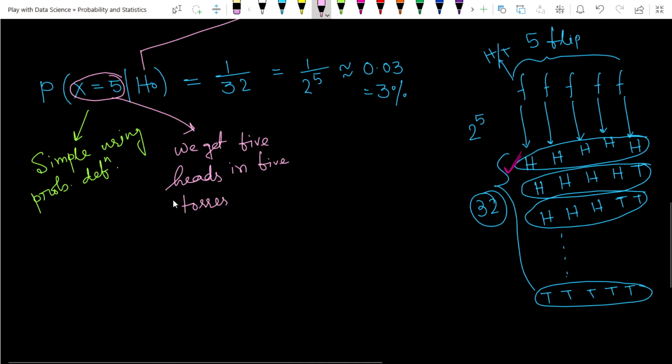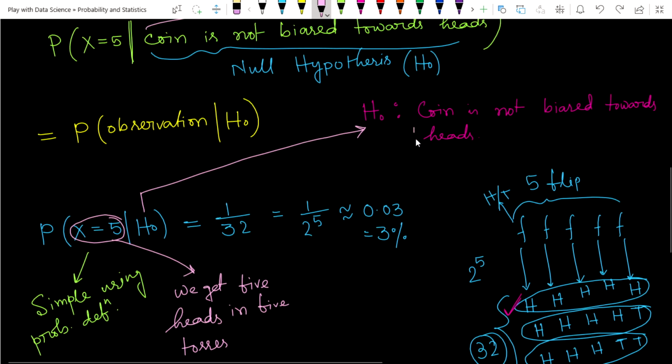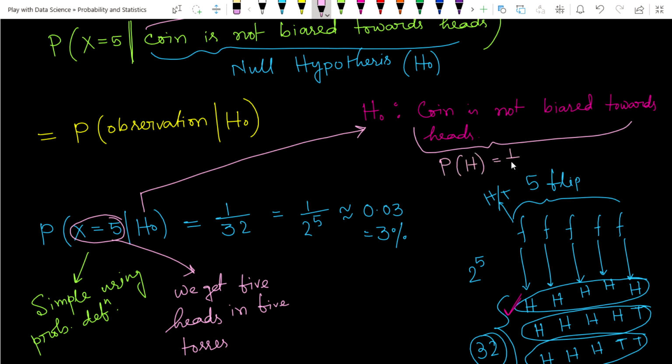So how are these things actually coming about? If our coin is not biased towards heads, in this case what will be the probability of it occurring? For each flip the probability is 1 by 2.